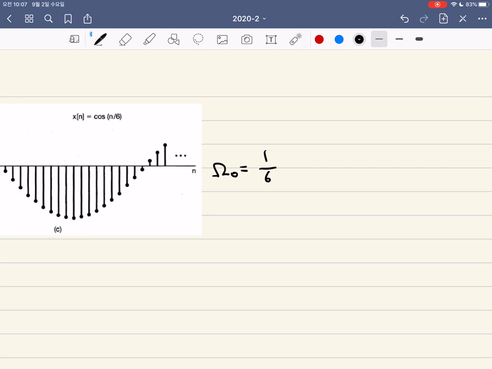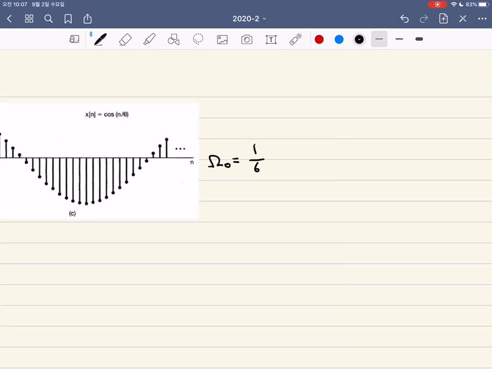Is that correct? So if we obtain large N, you will get 2 pi m over 1/6. This becomes 12 times pi times m, where m should be an integer and large N should be an integer also.